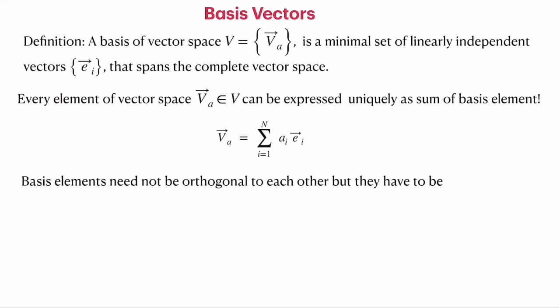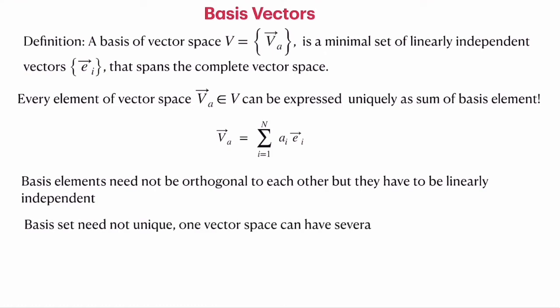Basis elements need not be orthogonal to each other, but they necessarily have to be linearly independent. The basis set of a vector space need not be unique. A vector space can have many basis sets, as many as possible.